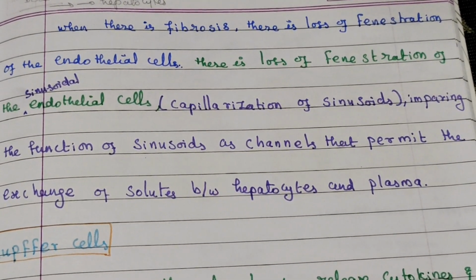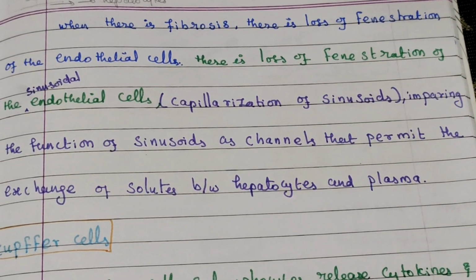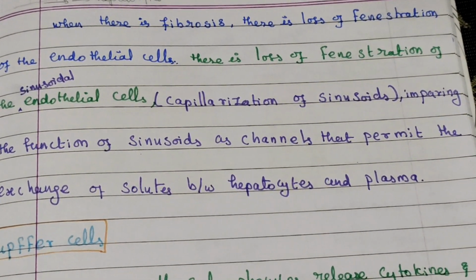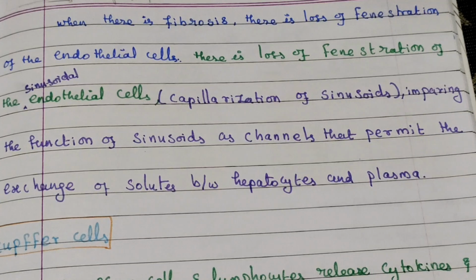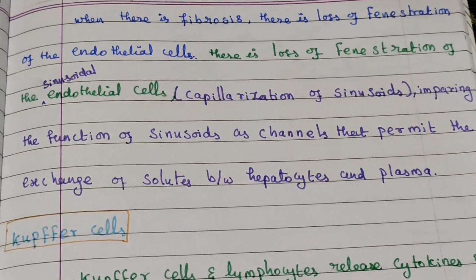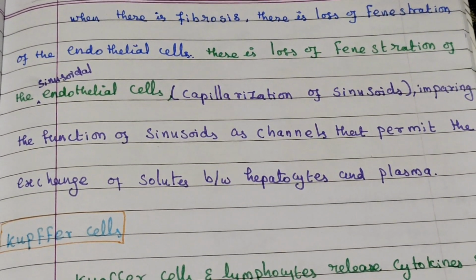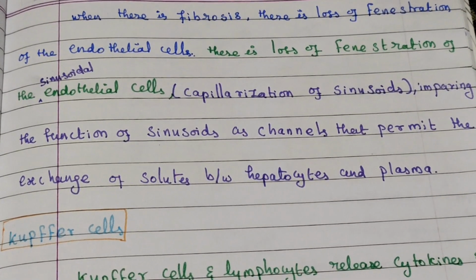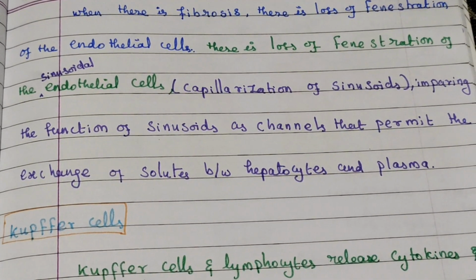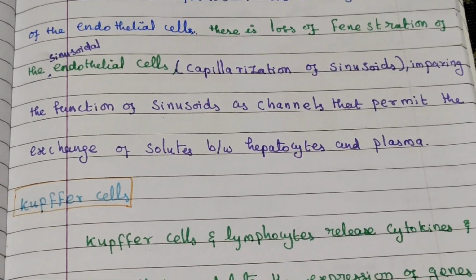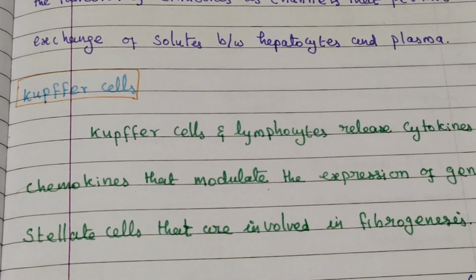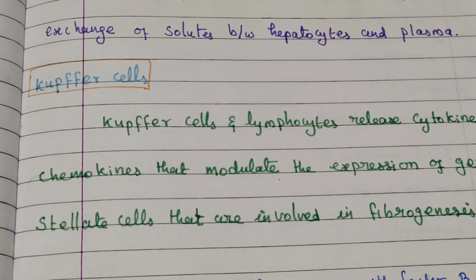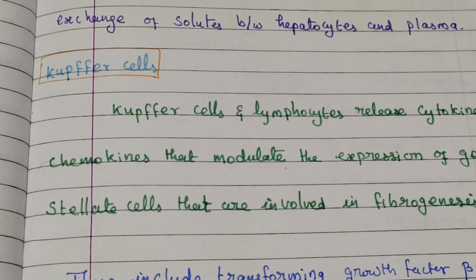Therefore, this impairs the function of the sinusoids to easily permit the exchange of solutes between the hepatocytes and the plasma. This is the number one reason why there is metabolic dysfunction in cirrhosis. Then going to Kupffer cells, how Kupffer cells play a role.